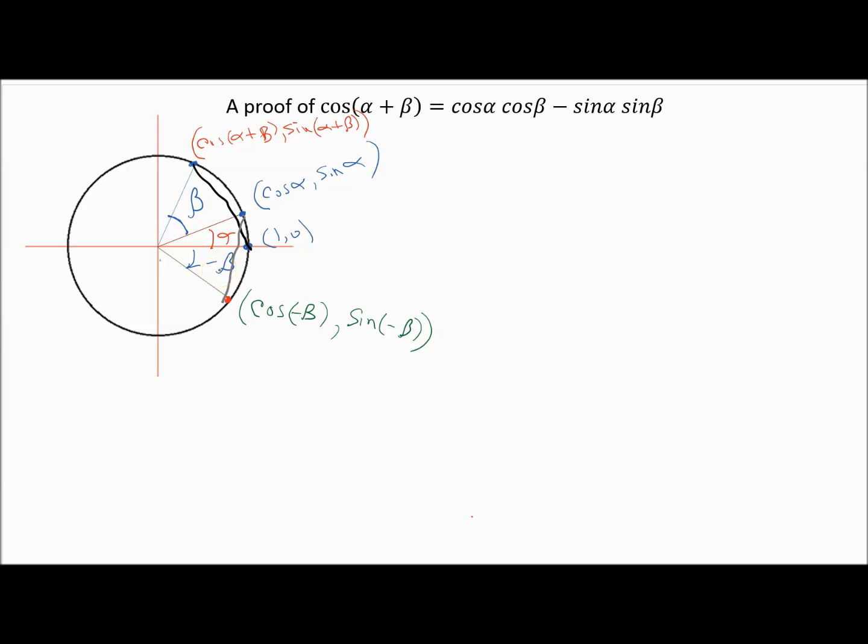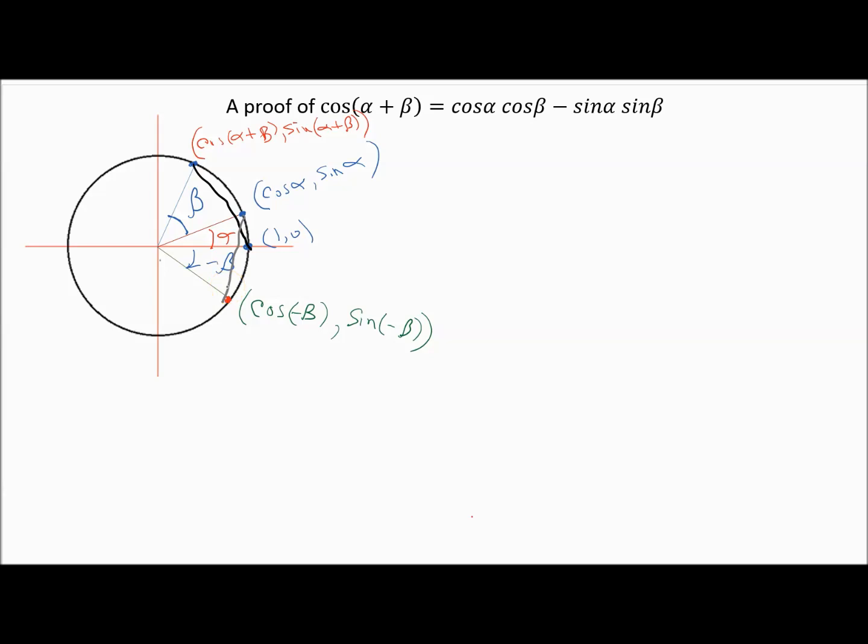But now the argument is they have to be the same length because this angle that we're connecting right here is alpha plus beta. So then the line across there has to be the same distance. This angle is also alpha plus beta. I know this is a negative beta because it's going backwards, but the full positive angle is still alpha plus beta. So my black line here must be equal to my gray line here.